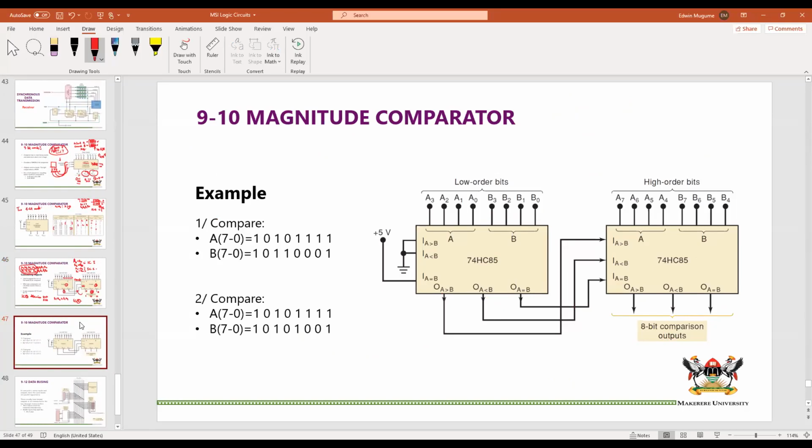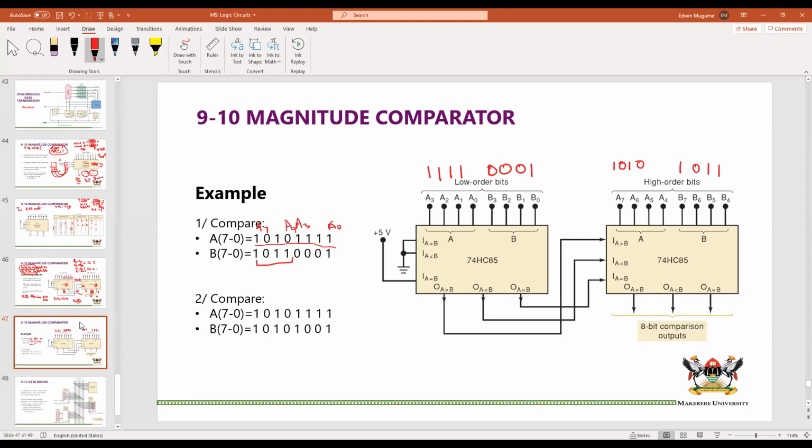Let us look at an example like this. We have 1, 1, 1, 1. This is A3 to A naught, and this is A4 to A7. A4 to A7 is 1, 0, 1, 0. Now B is actually going to be 1, 0, 1, 1, whereas this is 0, 0, 0, 1.